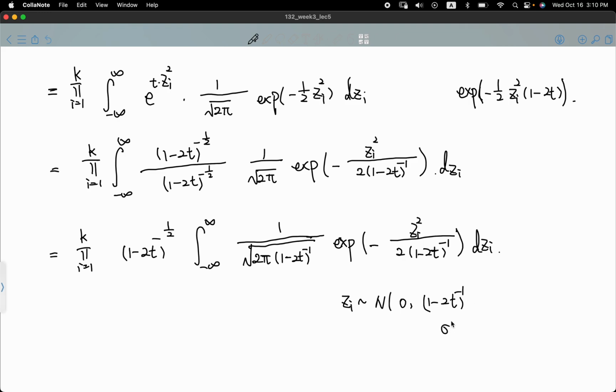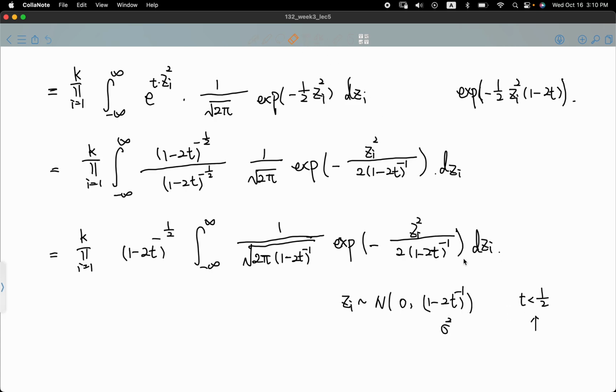So this is your new sigma squared. And it also gives you the condition that t needs to be less than 1/2. So you also need to make sure that you have this condition to consider.